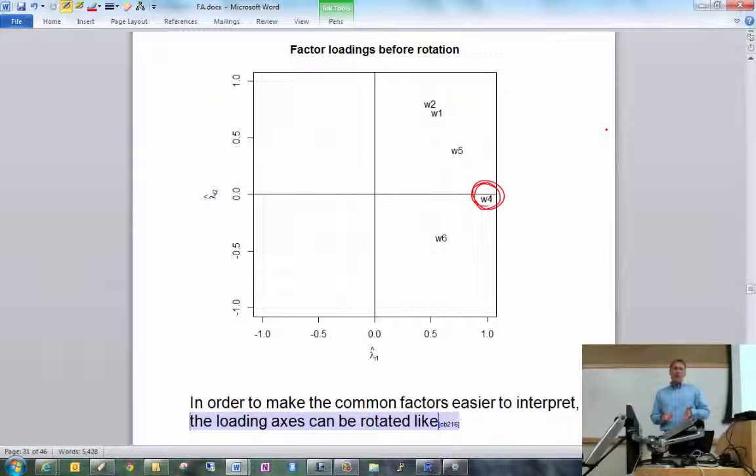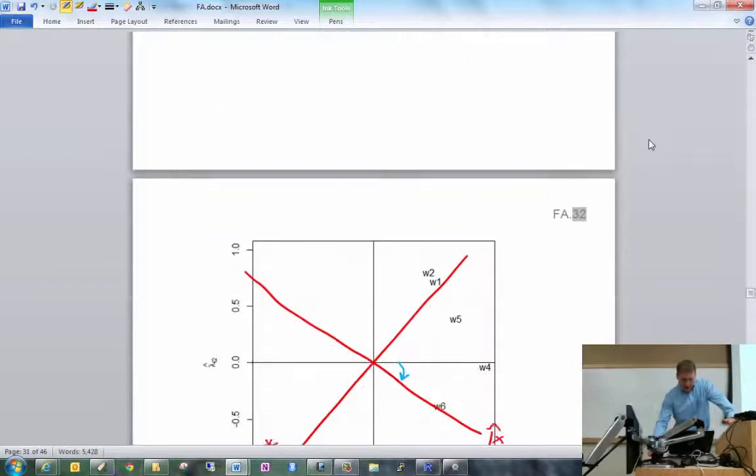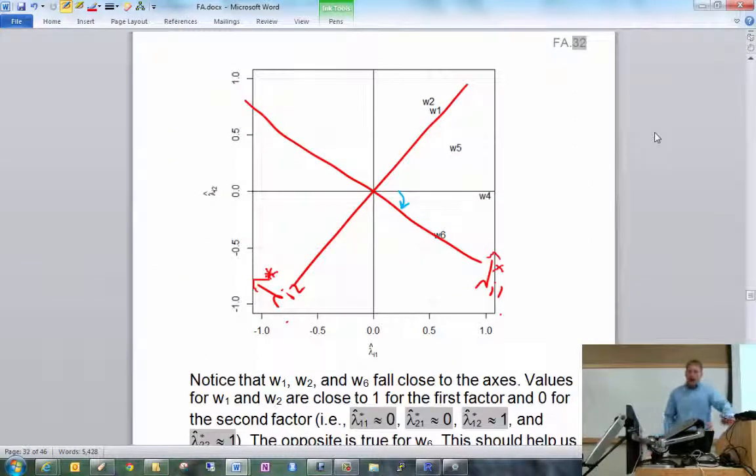And the way that you can do that is to rotate your XY axes that you see there. So what I'm going to do, and this is illustrated on the next page, page 32, is simply rotate maybe about 40 degrees the XY axis. So here's my X-axis from before, and here is my Y-axis.